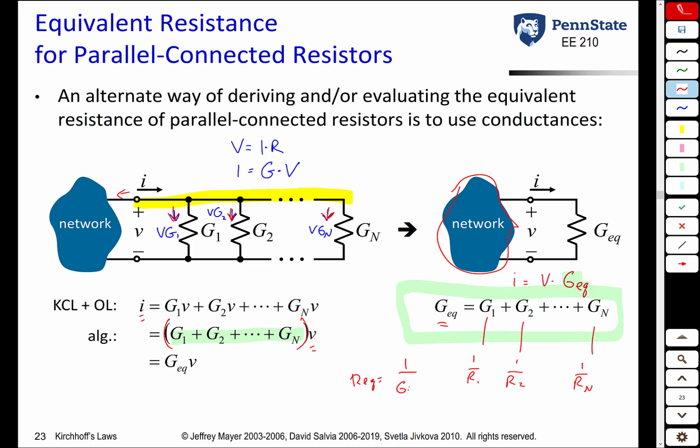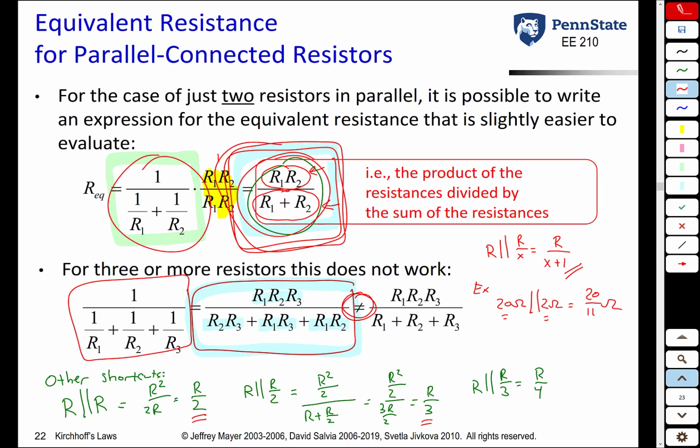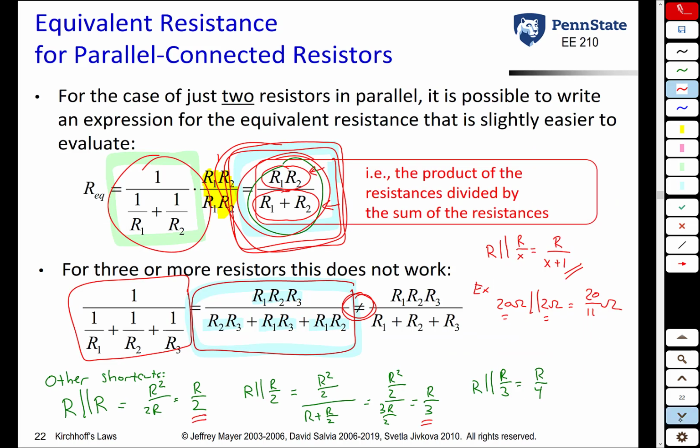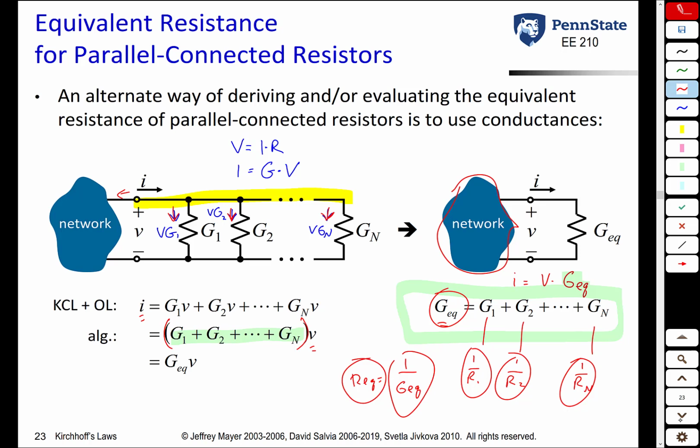You have to take another reciprocal. We still have the reciprocal of the sum of the reciprocals. You take the reciprocal of each resistor to get the equivalent conductance, and then you take the reciprocal of the conductance to get the equivalent resistance. We're back to this equation here. So although it might look like working with conductances is easier than resistances, it really isn't.